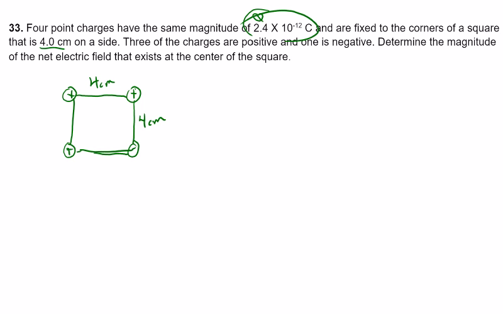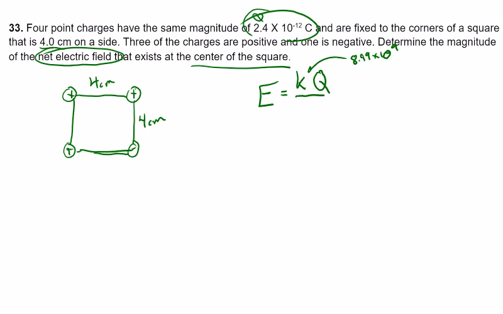Now what we're looking for is the net electric field at the center of the square. So the main equation we're using, the electric field produced by a point charge, is E equals K, our 8.99 times 10 to the 9th, times the charge, which I'm going to write as big Q, divided by R squared, where R is how far away from the charge you are.